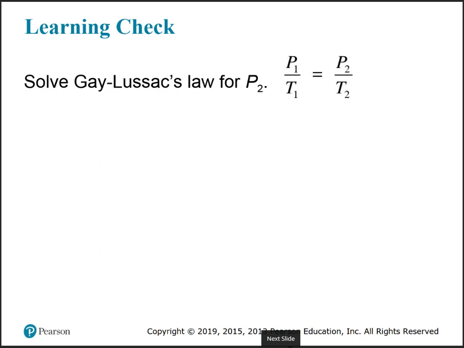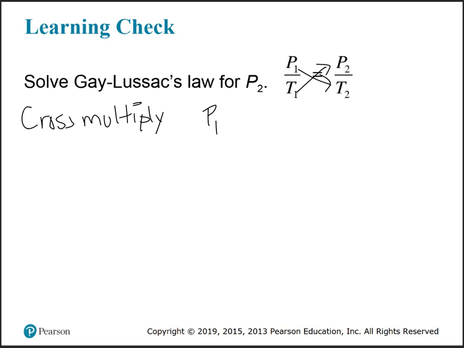When we're solving for a variable, it's very similar to what we just did. So let's say we want to solve for P2. First thing you have to do, again, is cross multiply. When you cross multiply, you get P1 T2 is equal to P2 times T1.